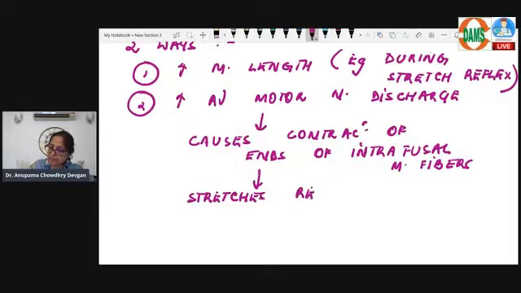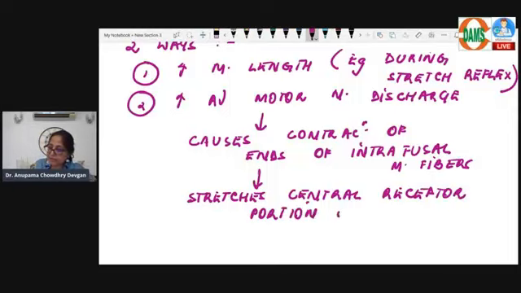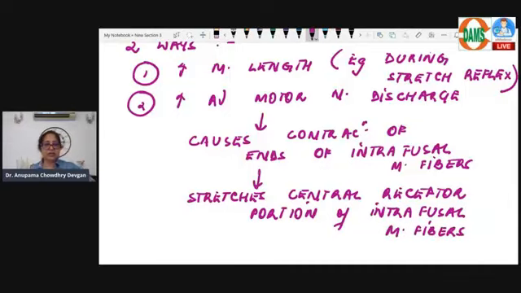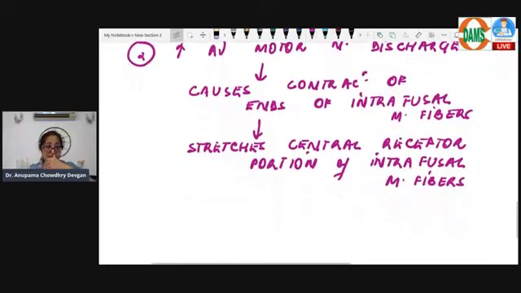the central receptor portion of the intrafusal muscle fibers, and that in turn stimulates the muscle spindle.